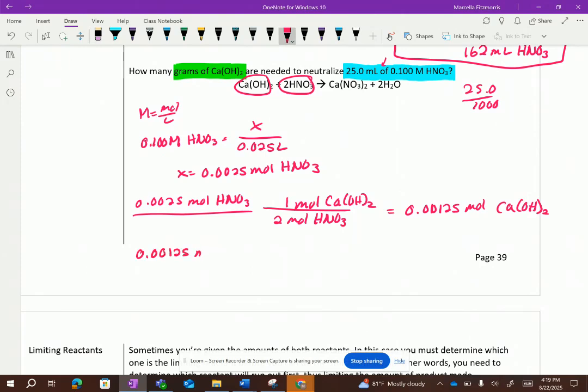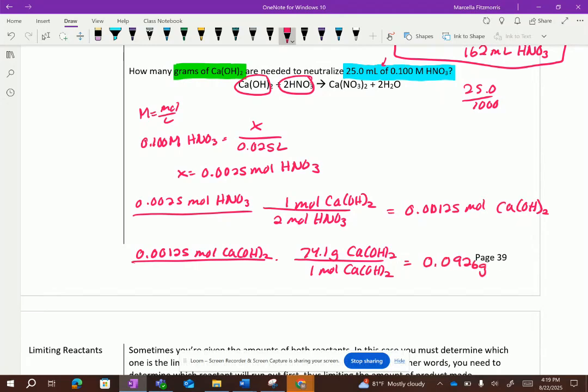So I'm going to take this moles of calcium hydroxide, and I know for every 1 mole of calcium hydroxide, I have 74.1 grams of this calcium hydroxide using my molar mass, which gives me 0.0926 grams of calcium hydroxide. So this is my final answer to the correct sig figs, and that's all she wrote.